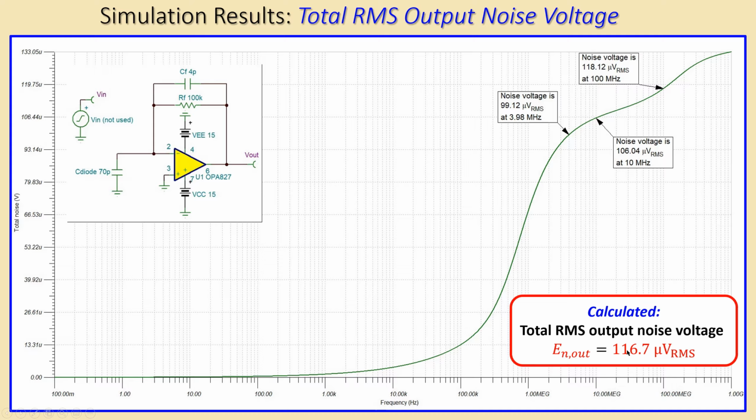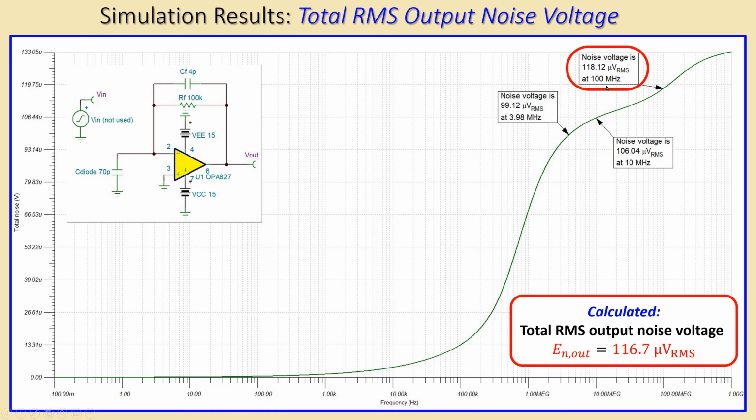This is of course the value we have calculated, but at this frequency, 100 megahertz, you can see it is 118.12 microvolts RMS. If I go to 1 gigahertz, this will go to approximately 133.05 microvolts RMS, and maybe also increase a little bit, but it will then settle down at some value. But you can see this value at around 100 megahertz is already very close to that one.